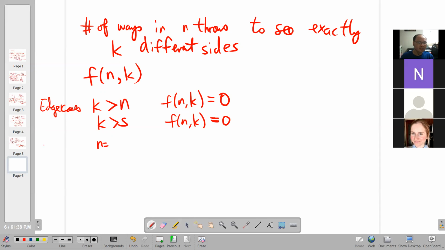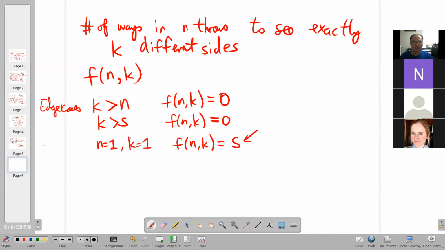If n is 1, if you only have 1 throw, then k must be 1 as well. And how many ways can you do it? S, not 1, because with one throw you can see any one of the S faces, and out of the one throw, you see exactly one face.